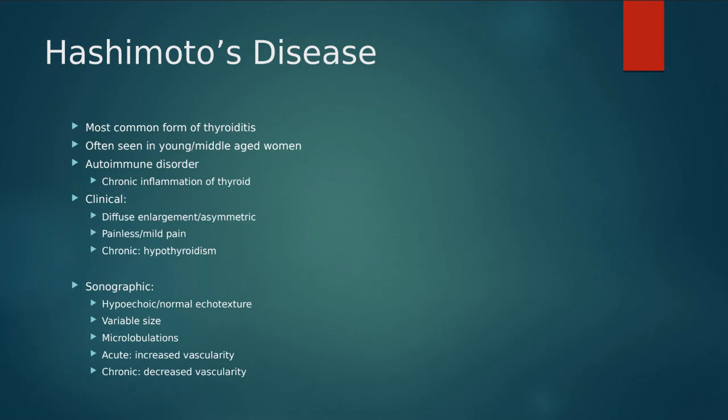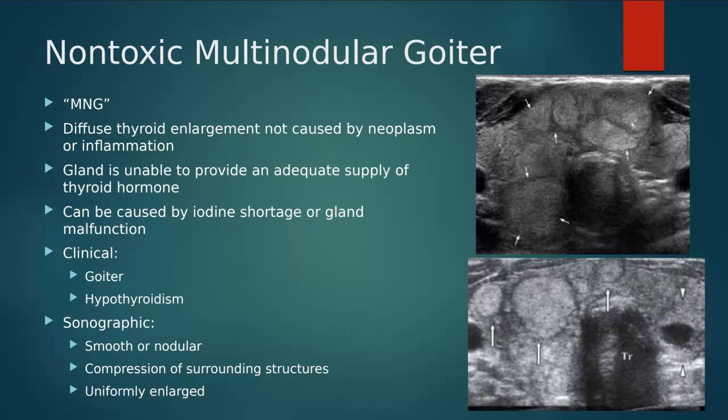Acute on ultrasound, we're going to see increased vascularity, and chronic on ultrasound, we're going to fall into that hypothyroidism category. So now we're going to see decreased vascularity. So again, all depends on the severity and the duration per patient. And it's going to look just like every other type of thyroiditis.